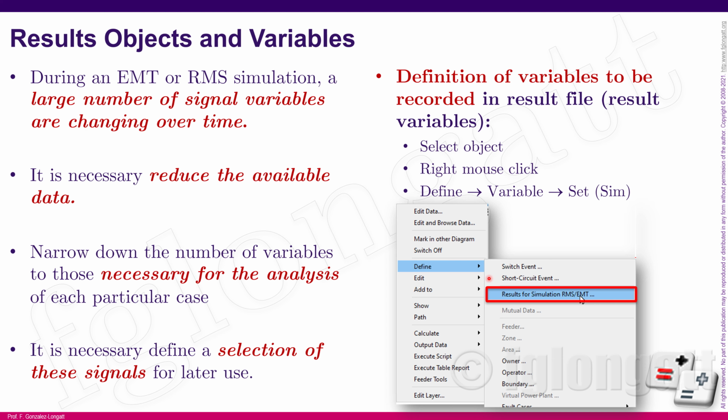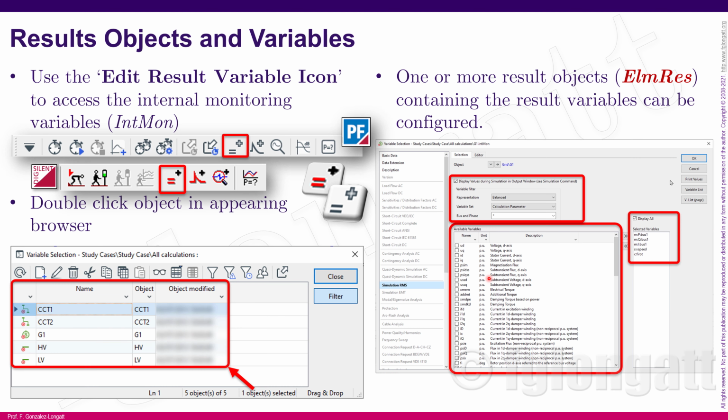That is making your life easy because here you can see the variables, they are located inside what we call the result objects, okay? We have the result object and inside they are result variables, okay?